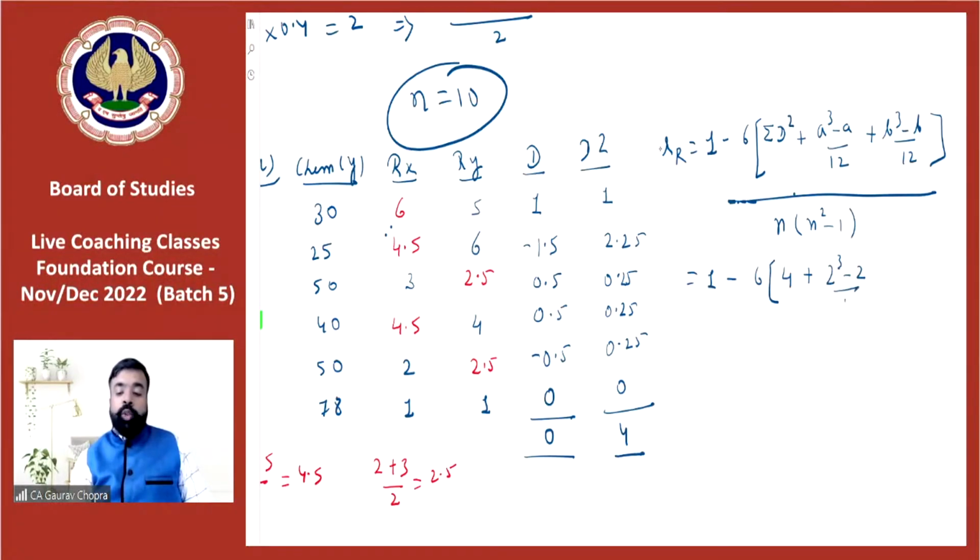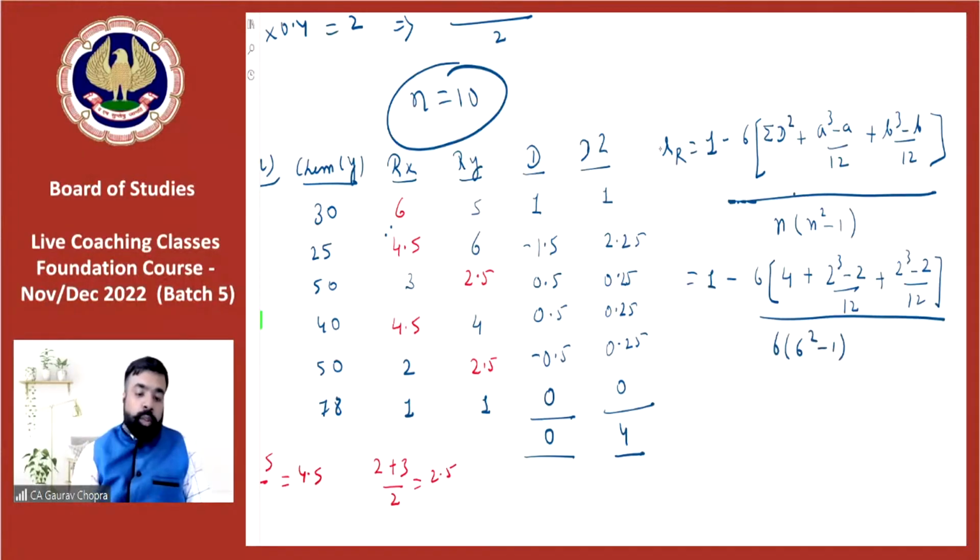So 2 cube minus 2 upon 12. What is b? Again tie among 2 values. Now n. So there are 6 pairs of observation. 6 into 6 square minus 1. So 6 will get cancelled. So what is left? 4 plus half and half, that is 5. 5 by 35. So again cancel 1 and 7. So final answer will be 6 upon 7.